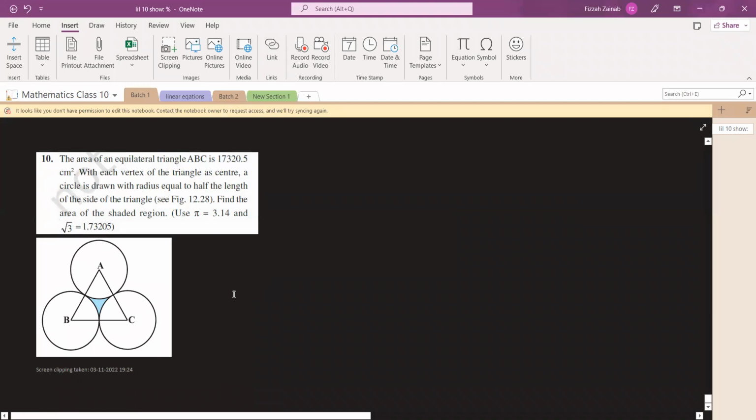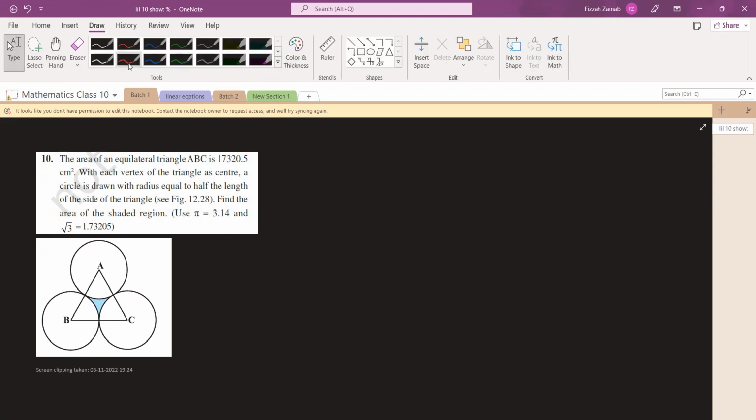So this is the question. So the area of the equilateral triangle ABC is given here, right? Already given. With each vertex of the triangle as center, a circle is drawn, with radius equal to half the length of the side.